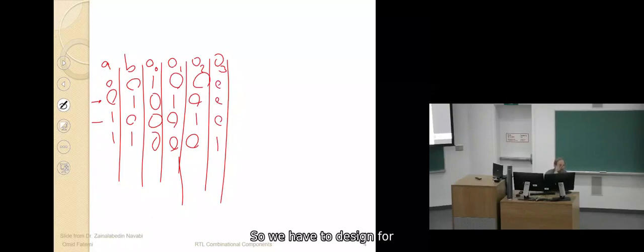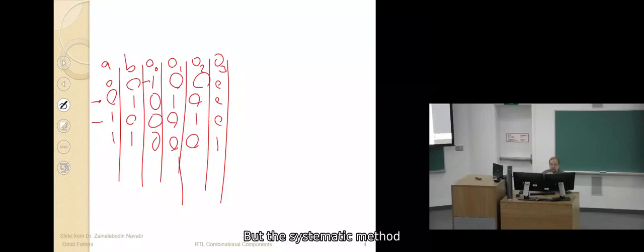We have 4 outputs, so we have to design 4 circuits, and we have 2 inputs. But since it is 2 inputs, it is very easy. When we have only one 1 and the other is 0, then it is an AND, a very simple min-term solution. Each one of them is a min-term, so we don't need to draw a Karnaugh map here.